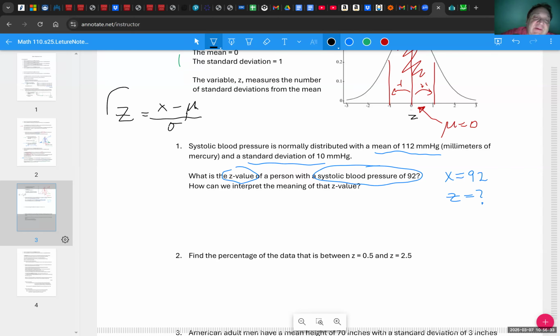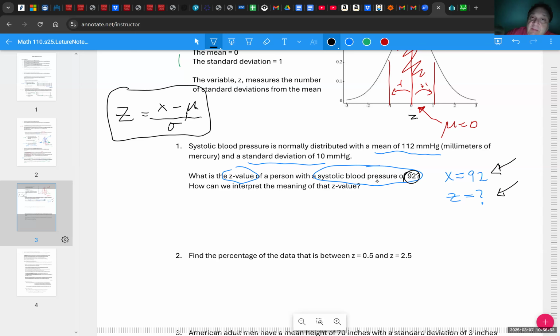That's the one I had boxed on the previous page. So that's the formula to find the z value, the number for z, if we were given just a normal variable value. So x is a normal variable value. They told us it's 92, and they're asking us what is the z value.